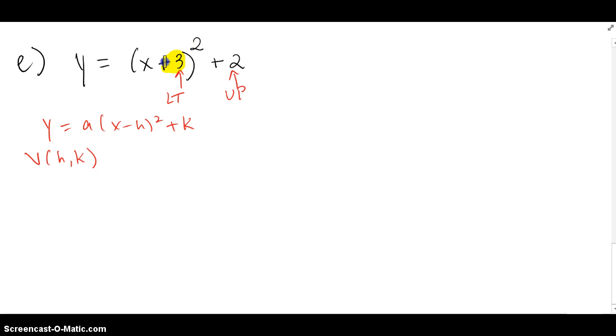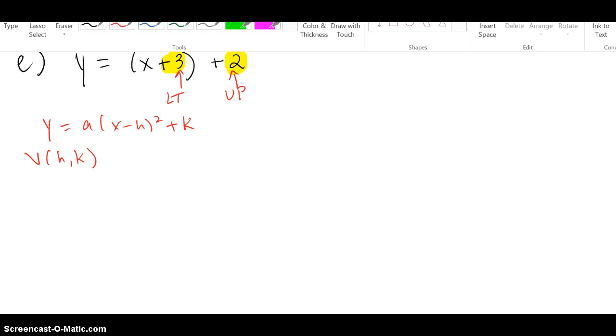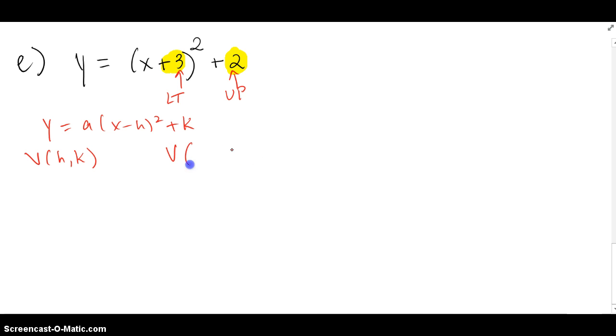There's my number related to H, there's my number related to K. So the vertex is actually the opposite of what's inside, -3, because it has to come after the minus sign. So you can think of this guy as like a -3. That's why the vertex x coordinate is -3, because double negatives make a positive. And it's always the H that comes after the minus sign. And then the y coordinate is K.